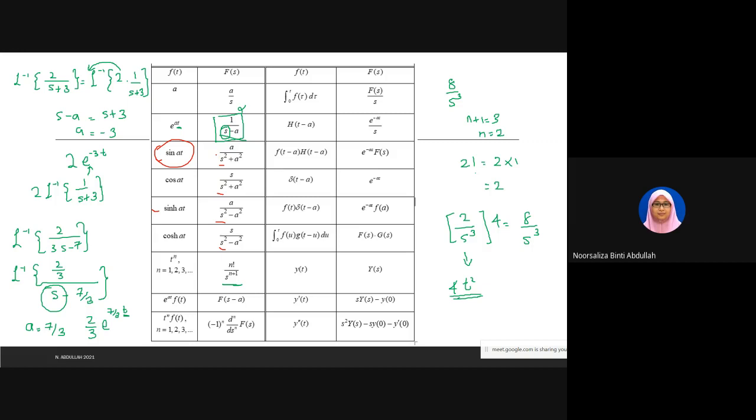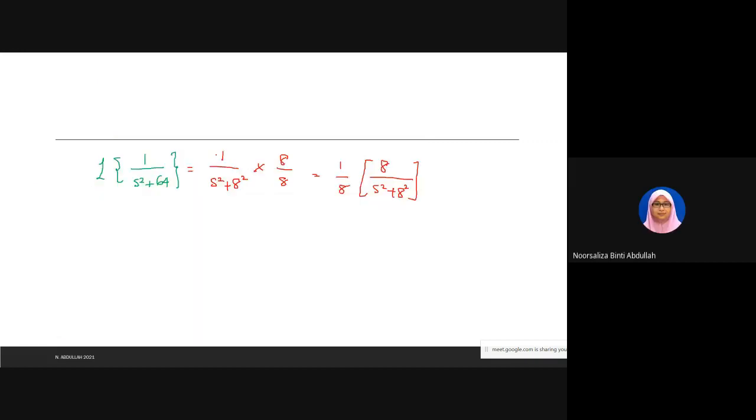Doktor, darab 8 saja tak cukup ke, Doktor? Tak boleh, dia kena darab 8/8. Kalau darab 8 tu kita cancel. 8/8 is actually 1. Dia umpama you darab 1, you tak ubah nilai dia.